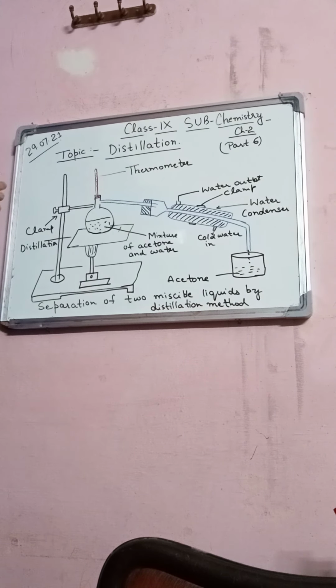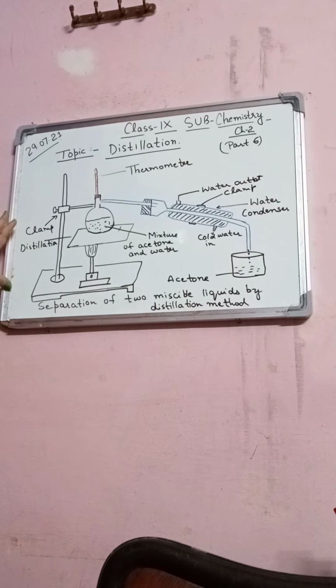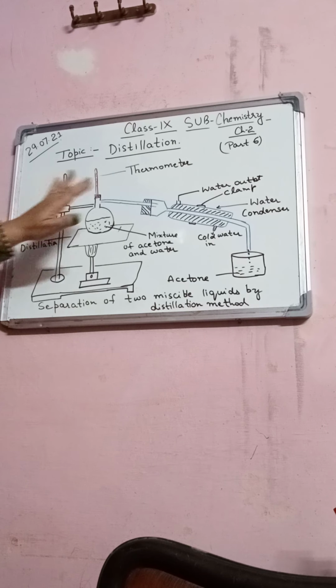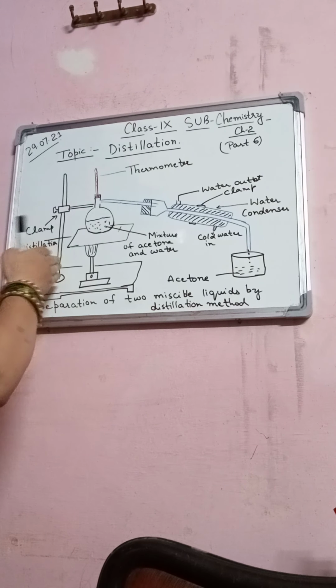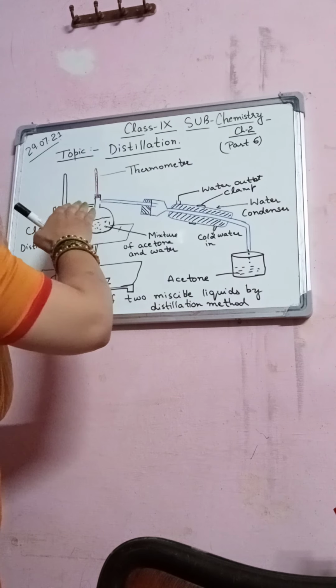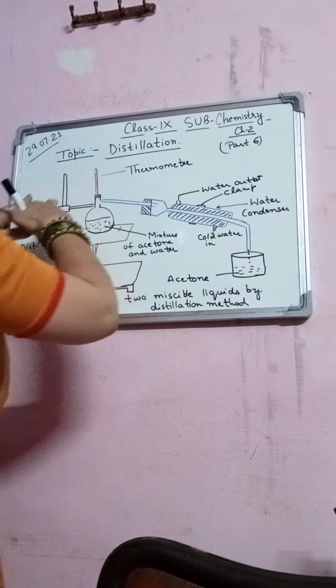So I have made this apparatus for you, and I can explain what the apparatus is. This is the clamp stand, where this conical flask is attached.